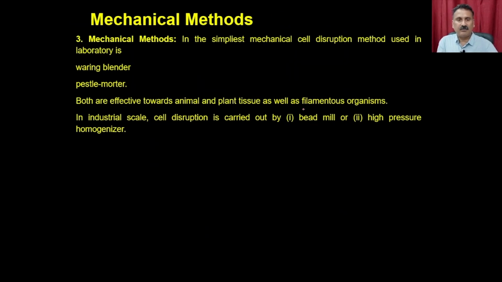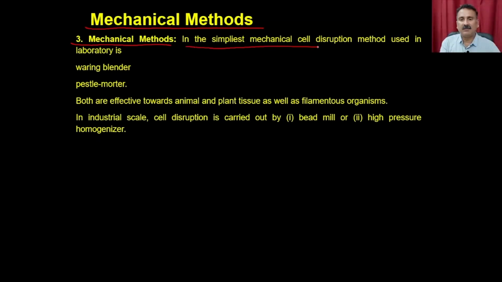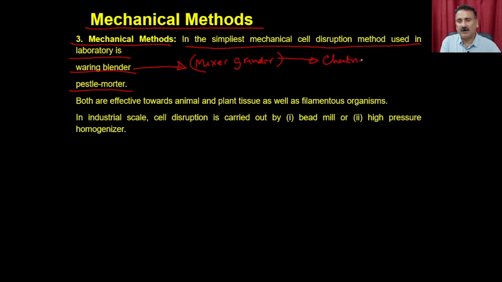Now let's talk about the mechanical method. Mechanical methods are the methods in which you use some kind of machines. The simplest mechanical tools used in the laboratory are the Waring blenders or the pestle and mortar. So Waring blender is nothing but the mixer grinder actually. I'm sure you might have used the mixer grinder for making chutney in your home, right?